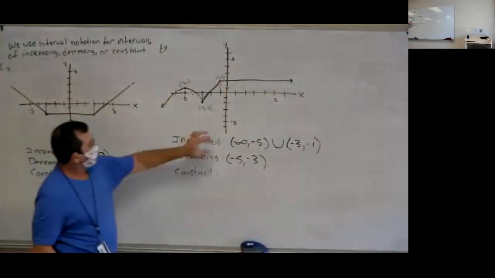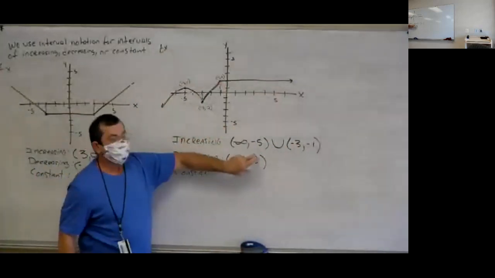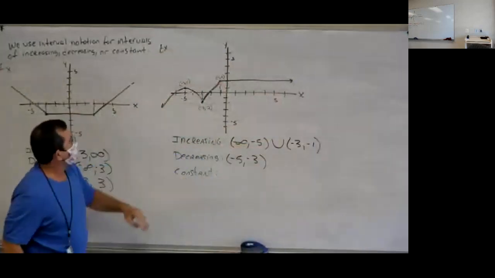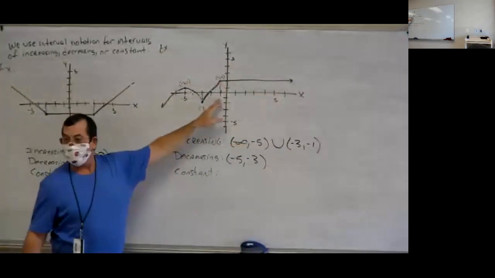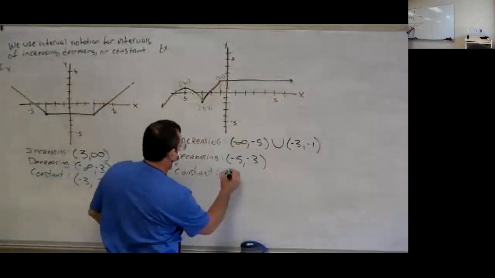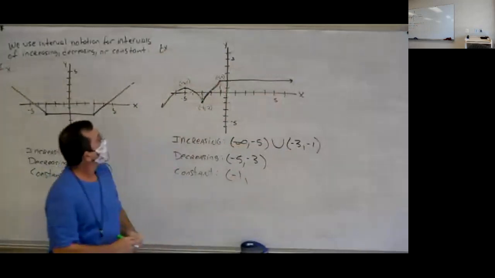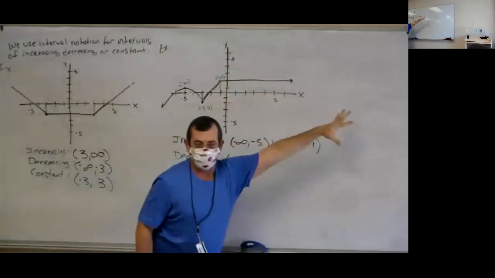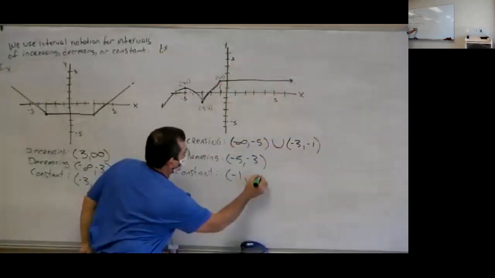You'll notice when I get done, all these points will connect to each other. Right, see, I go from -infinity to -5, -5 to -3, -3 to -1, which means this interval must start at that -1 right here, being constant at the x value of -1. And then this one is constant from -1 to infinity.